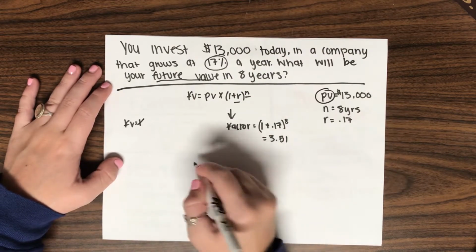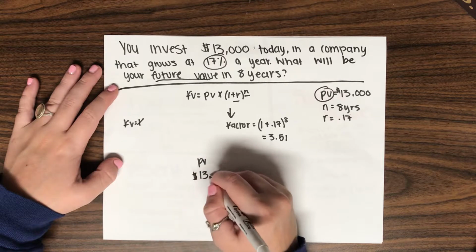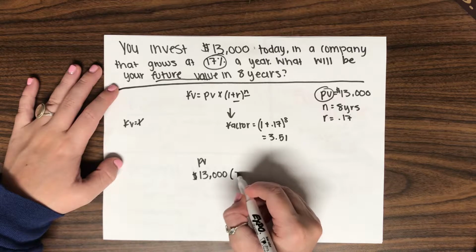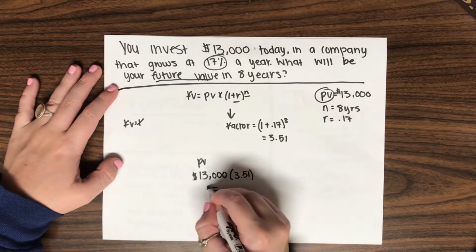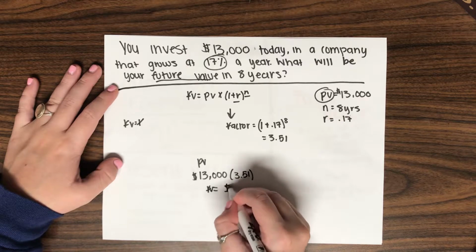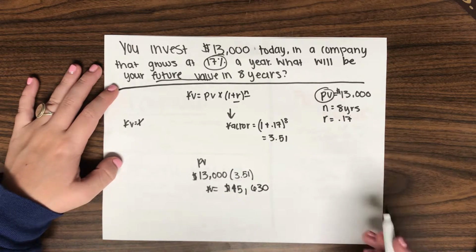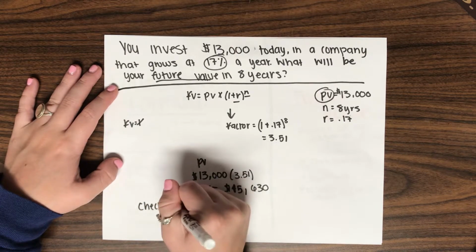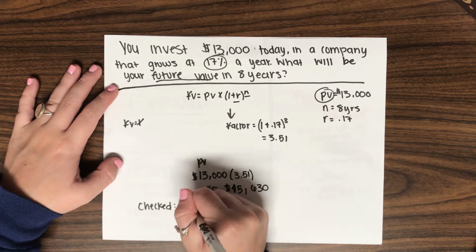So we take our present value of $13,000, multiply it by 3.51, and we come out with a future value of $45,630.